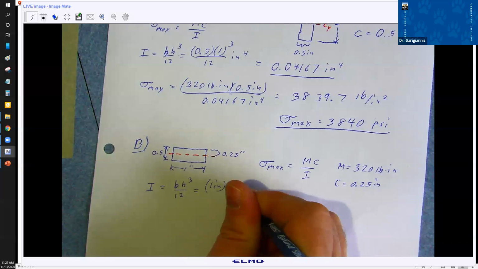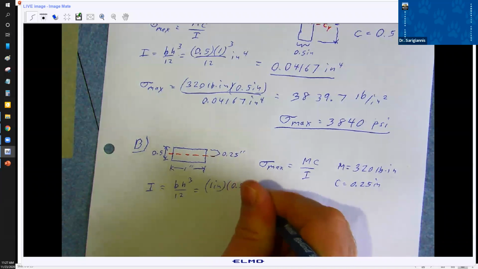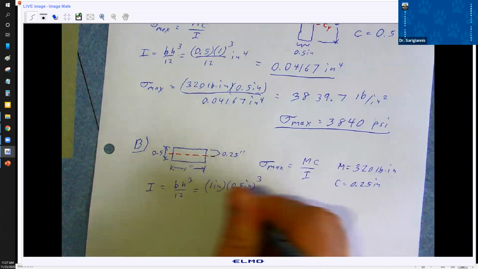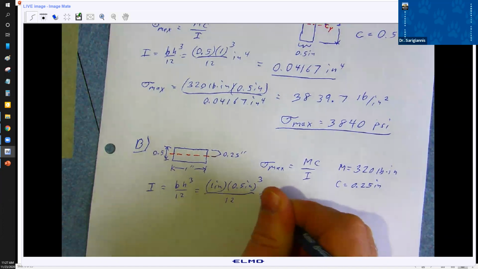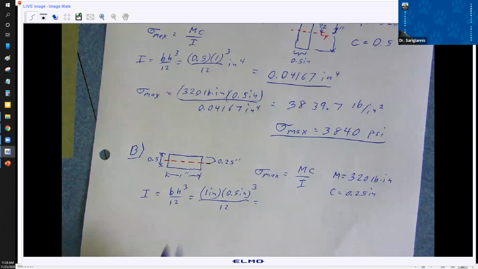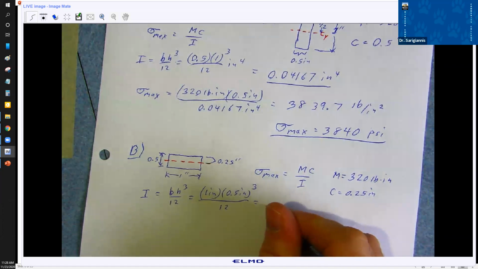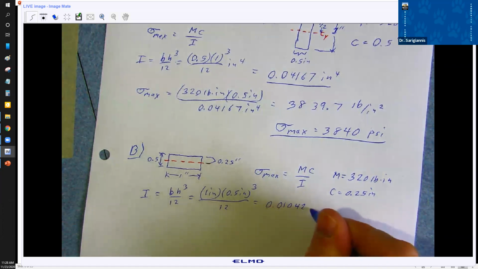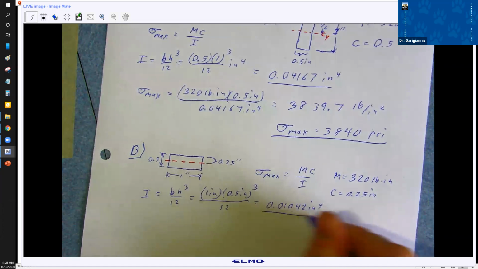Height is 0.5 inches, and that's cubed. So the moment of inertia for the beam in this orientation is 0.01042 inches to the fourth.